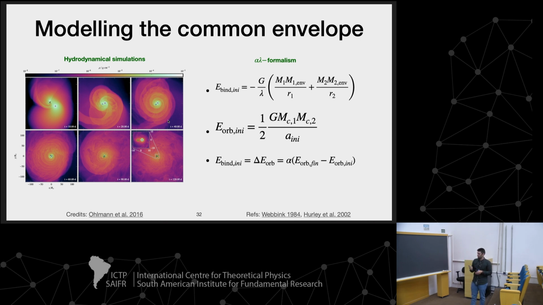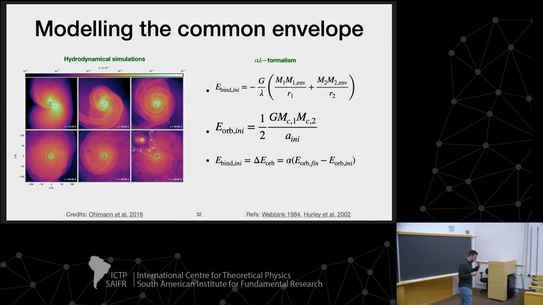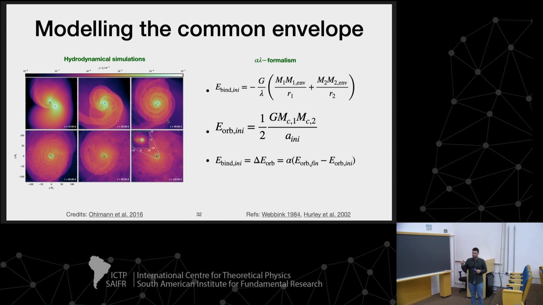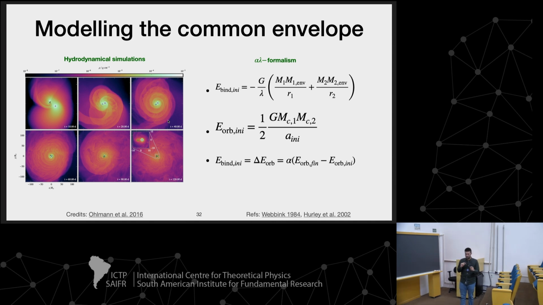You do that, and basically what you get is this equation here, where you have this alpha parameter. This alpha parameter is called the common envelope ejection efficiency. We do not know the details of the hydrodynamical simulation in this case.